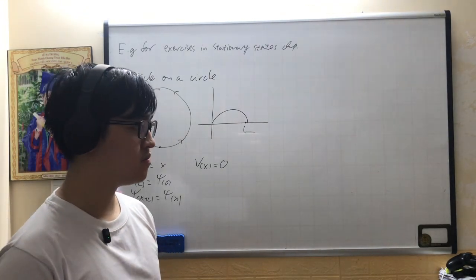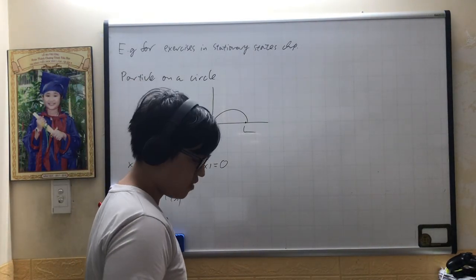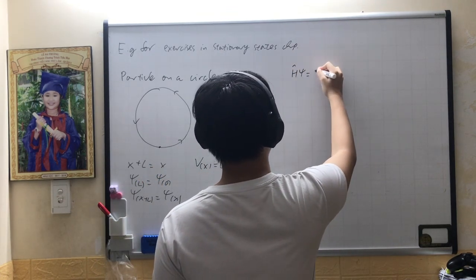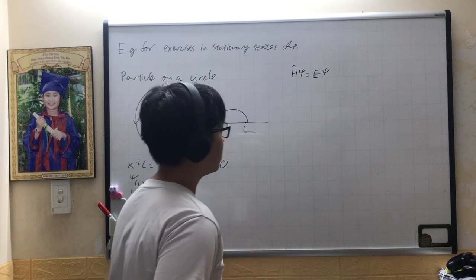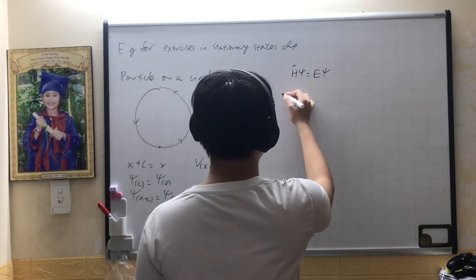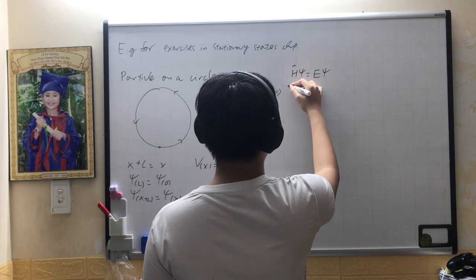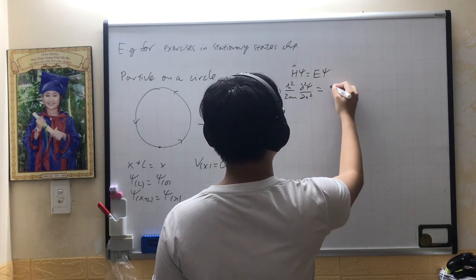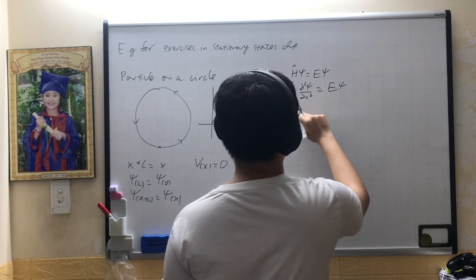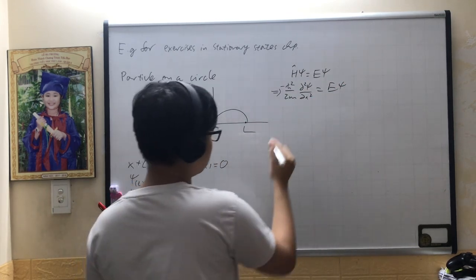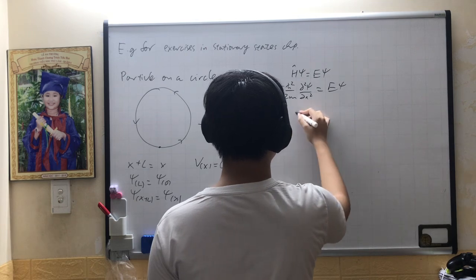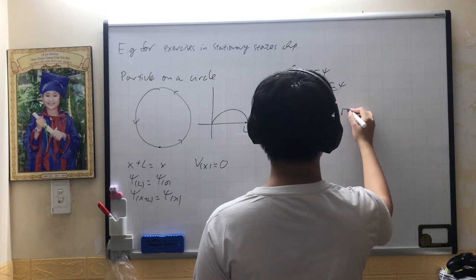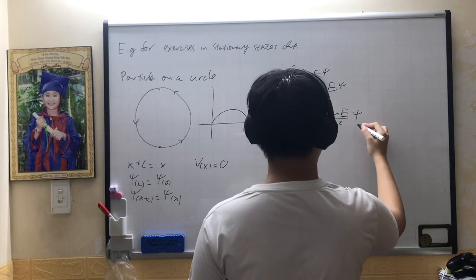Let's start with our time-independent Schrodinger equation, which is Hamiltonian on psi is equal to E on psi, and you expand this. You take this part and throw it over there, you would get just the second derivative equal to minus 2mE over h bar squared psi.